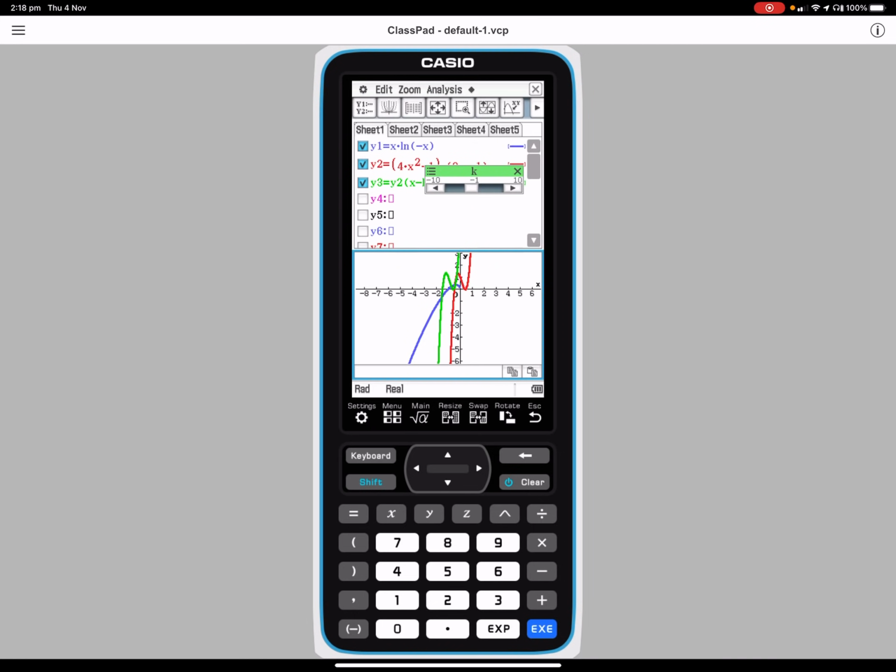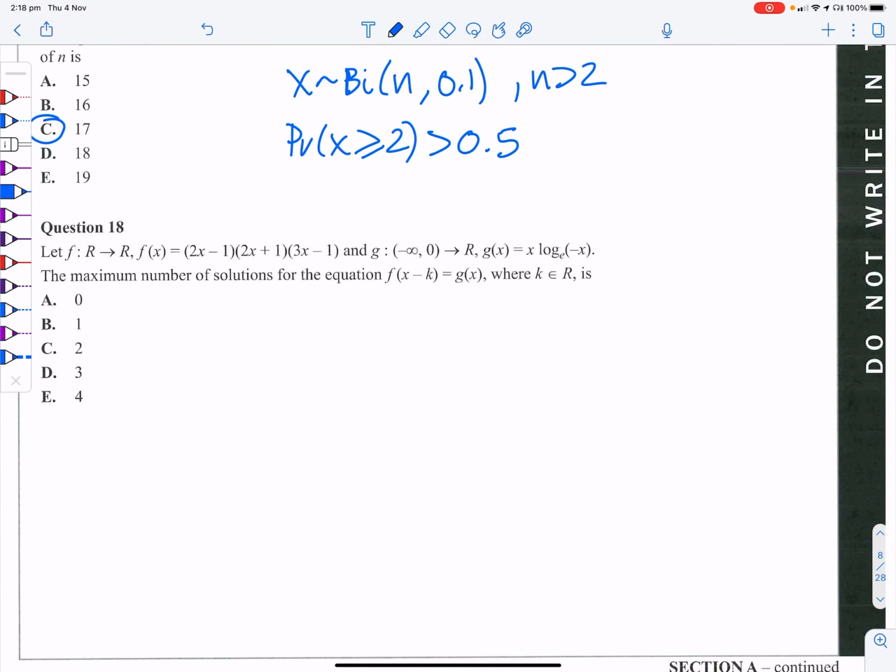So there we've got 3 intersections. We can't have 4. The maximum number of solutions is 3.